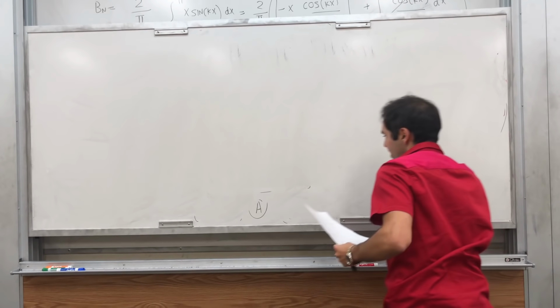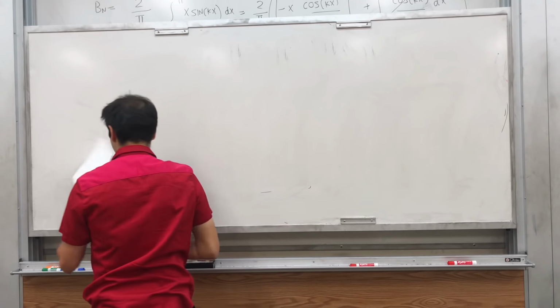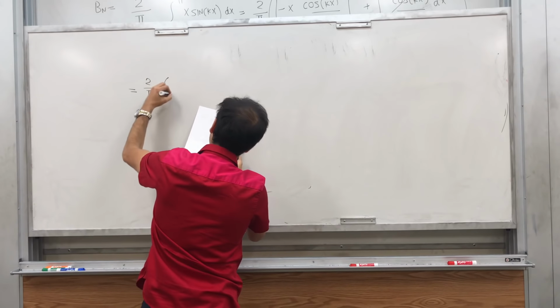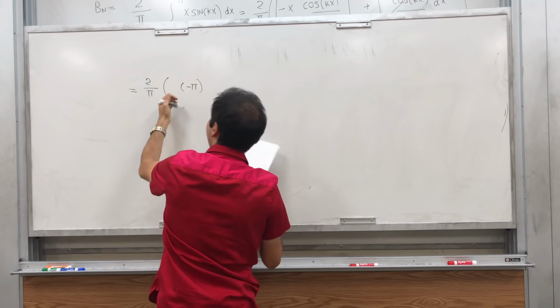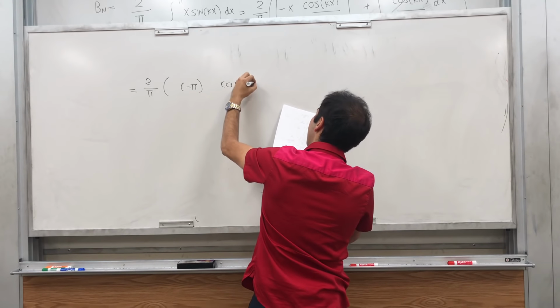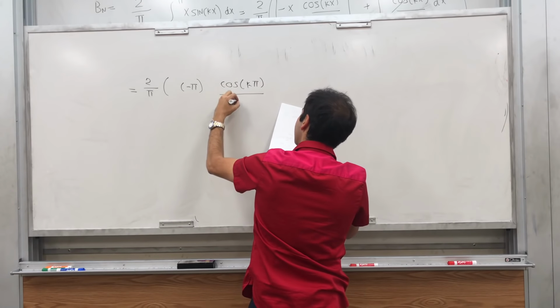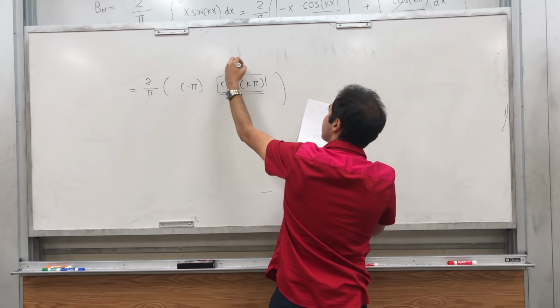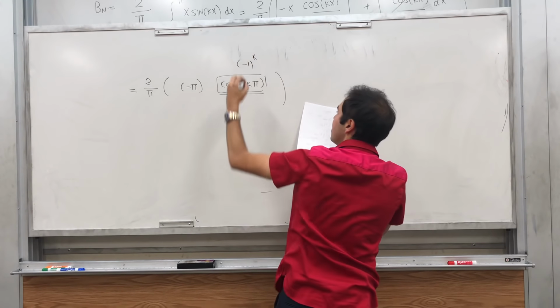That equals 2 over pi, and then minus x with x equal to pi, cosine of k pi over k. But cosine of k pi alternates between minus 1 and 1.